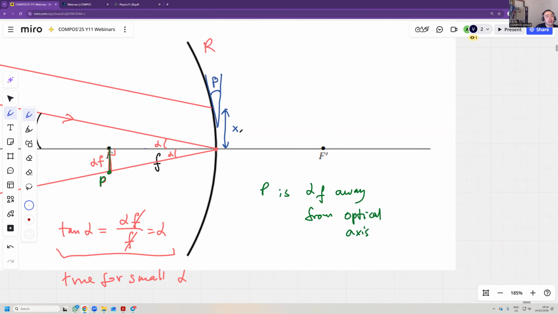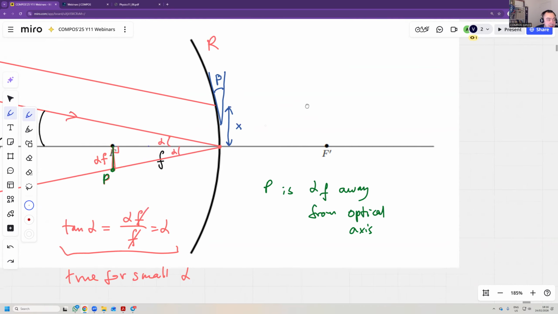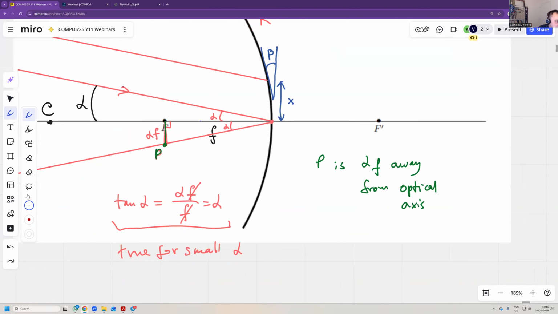Beta. That means the ray reflecting from that, so the ray incoming is alpha, and the reflected ray would be alpha plus 2 beta. Alpha plus 2 beta. And this distance, this is x, right?